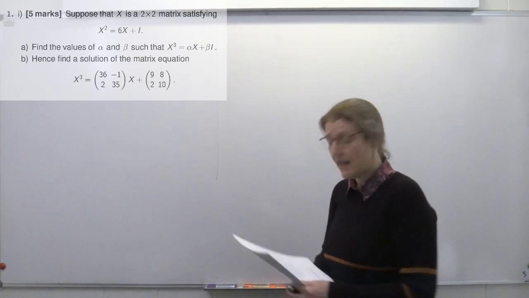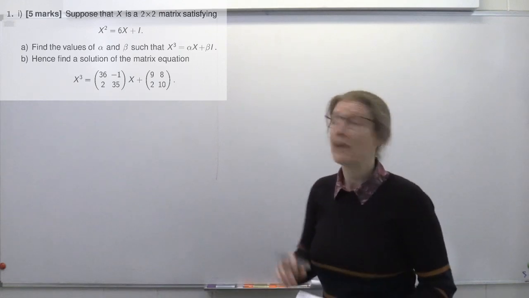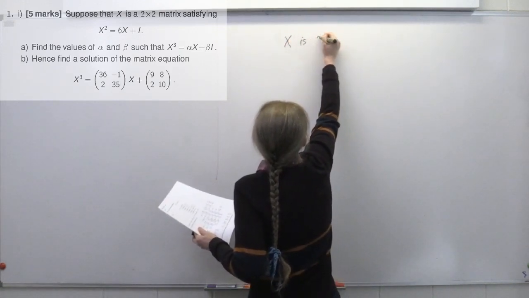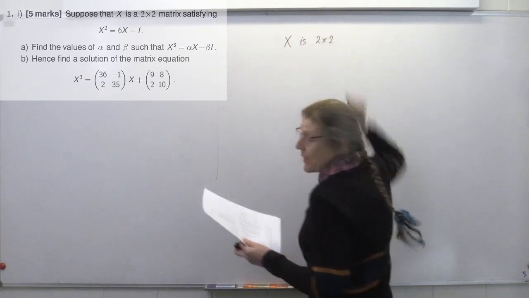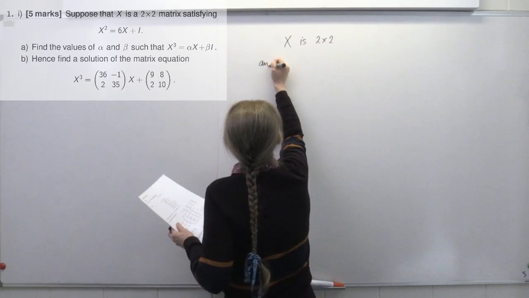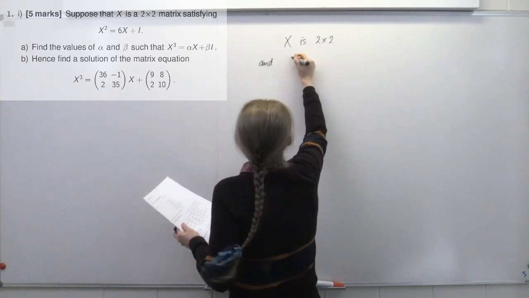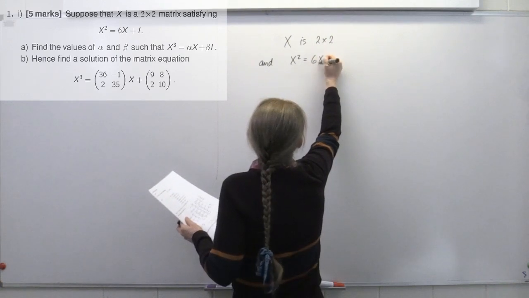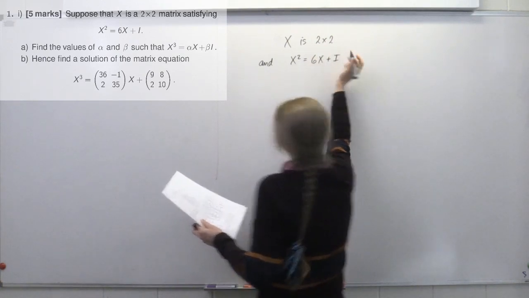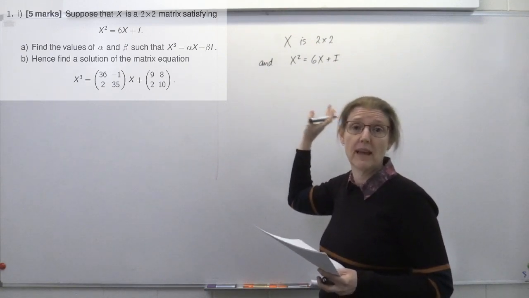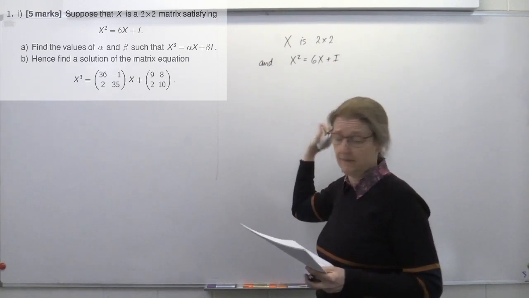So here we've got a 2 by 2 matrix. Okay, so X is 2 by 2. And we have some information. It has another thing that x squared is equal to 6x plus the identity I. And of course the identity in this case is going to be a 2 by 2 in order for that matrix addition to be able to be done.